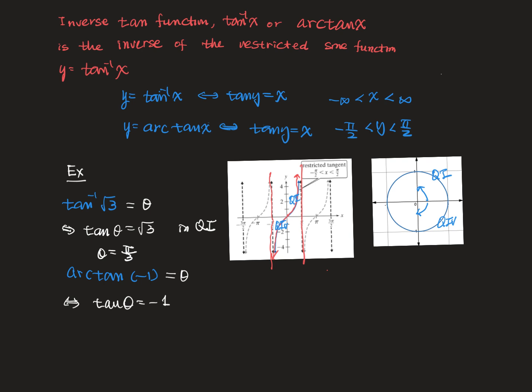Negative 1 is in which quadrant? Quadrant 4, so the angle is negative. When tangent theta is 1, that's pi over 4, so put the negative. Don't ever put a positive angle when the tangent value is negative in quadrant 4. That's the domain and range of arctangent.